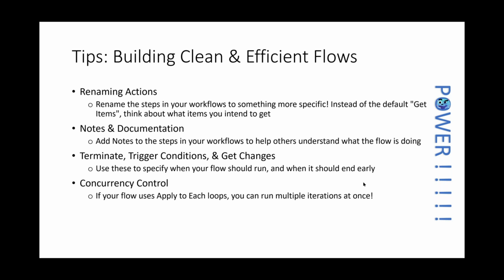And last for this slide, concurrency control. So this is maybe more of a topic that developers might be interested in. But if you've heard of things like parallel processing, being able to evaluate and work off of multiple items at once, well, we can do that in our workflows. So actions like get items or get files can pull back multiple results.